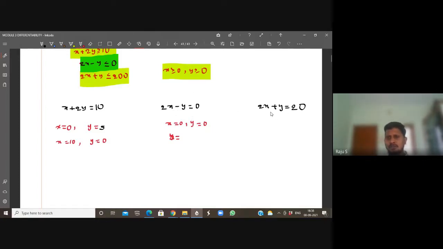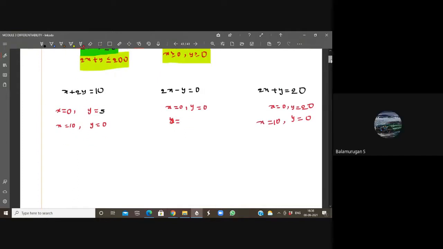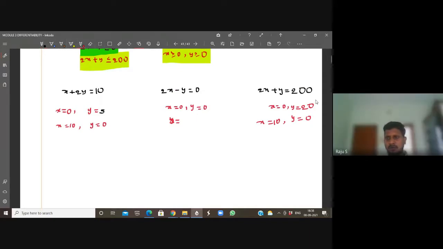This third one is not passing through the origin, so x is equal to 0, y value 200, y is equal to 0, x value 100. Got it? It's 200, sir? Yes, it's 200. See here, if you do not take 200, you get it wrong. This is 100.